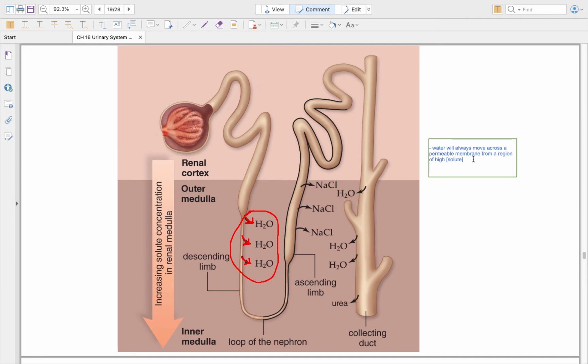Okay, high solute concentration to a region of lower solute concentration until equilibrium is met. Okay, so if those are the laws of osmosis, and there's tons and tons of NaCl salt here, then by the laws of osmosis, because there's a high concentration of solute inside of the renal medulla, water diffuses naturally.